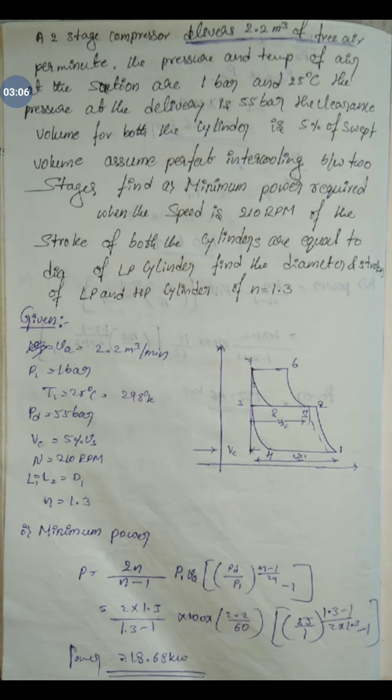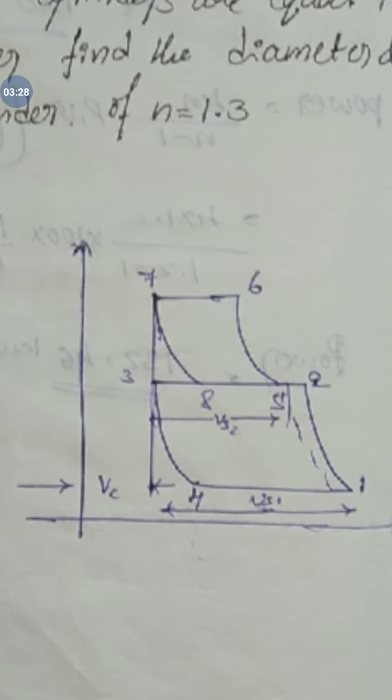From that vertical line to the point 1 is the swept volume of the LP cylinder, given as VS1. Now from point 3 to point 5 is the swept volume of the HP cylinder, given by VS2. That is VS1 and VS2.